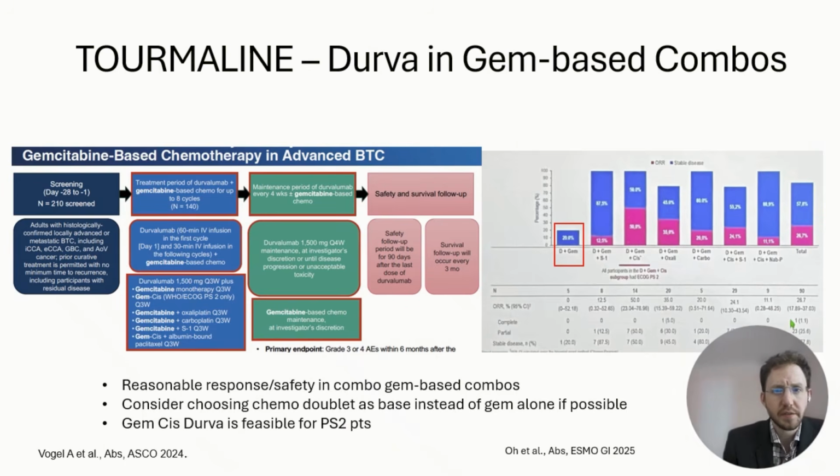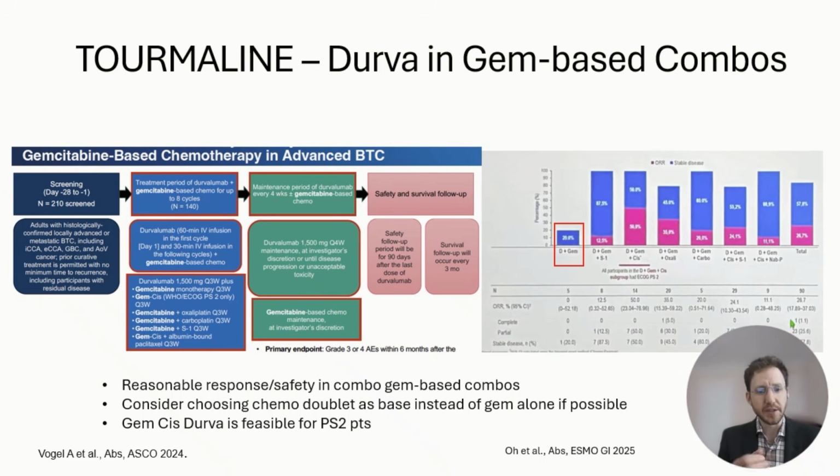The recent phase 3B TOURMALINE study was looking at establishing the safety and preliminary efficacy of adding durvalumab to other gem-based combinations like GemCarbo, GemOx, and also gem-nab-paclitaxel, as well as looking at GemCis plus durva in performance status ECOG 2 patients.